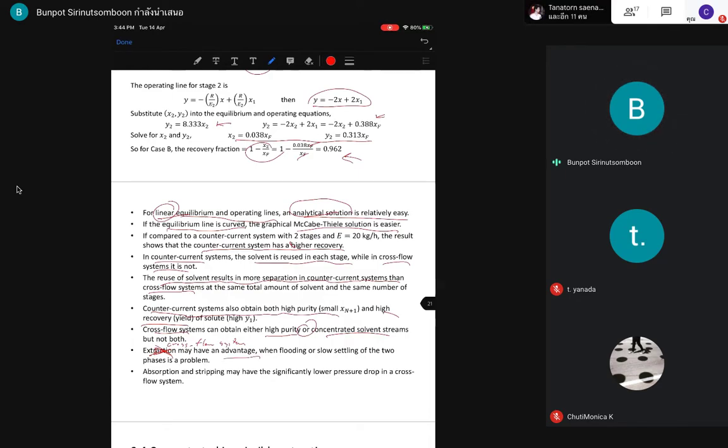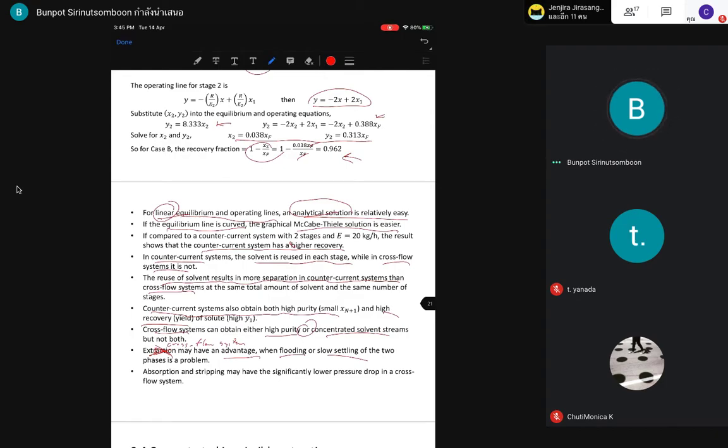In a counter current system, you can get flooding problems more easily than with cross flow. Also, in counter current there is a higher mixing between the diluent and solvent.